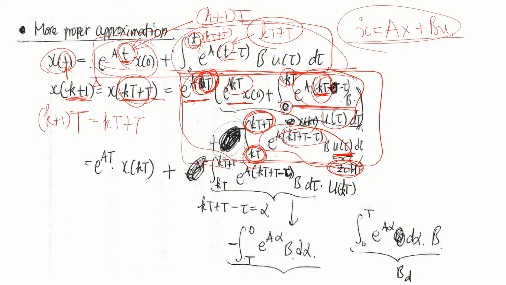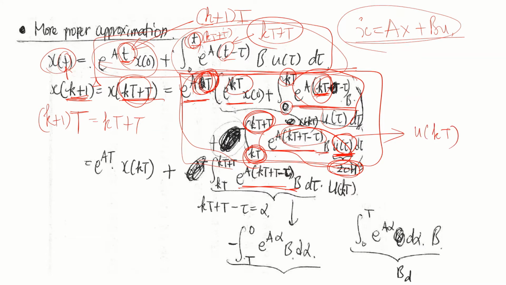So if this is constant, then we just copy this part here, and this is assumed to be u of kT.